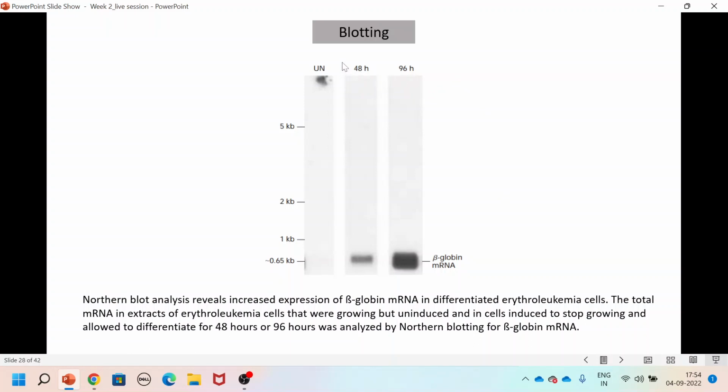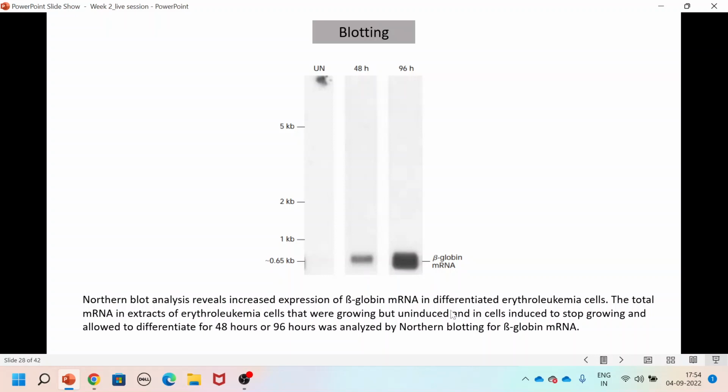So we can see that in the uninduced cells, there is no mRNA for the beta globin, and when they were induced for the differentiation, they produce the beta globin at the 48 hours time point. Similarly, we can see that the beta globin mRNA is also present at the 96 hours after the induction, and the difference in the bandwidth actually tells us the level of expression.